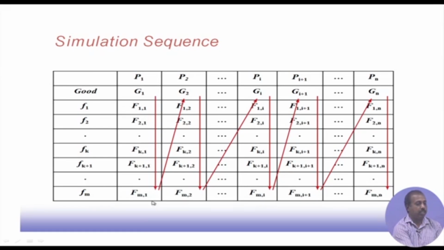Some of the faults will change while doing this simulation, and it is done in a differential fashion, that is, if a portion of the circuit changes, then only it will do the work. Then it goes back and starts with the next pattern P2 and the good circuit, injecting faults one after the other, and that way it continues.